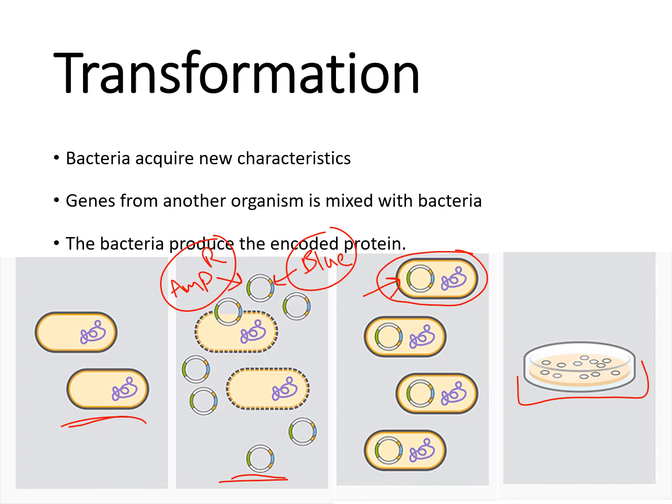Some of the plates would have had ampicillin, and ampicillin kills bacteria that do not have the plasmid. Other types of media would have X-gal, and so the transformed bacteria, the bacteria with the plasmid, would have been able to convert the X-gal into a blue color, and those colonies would have turned blue.